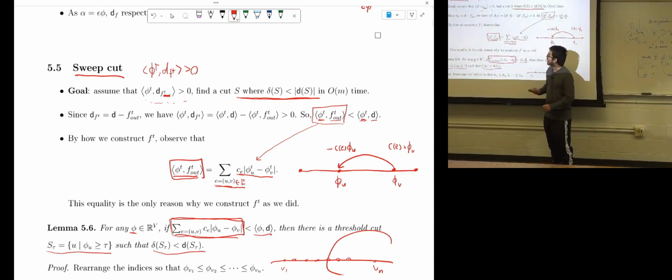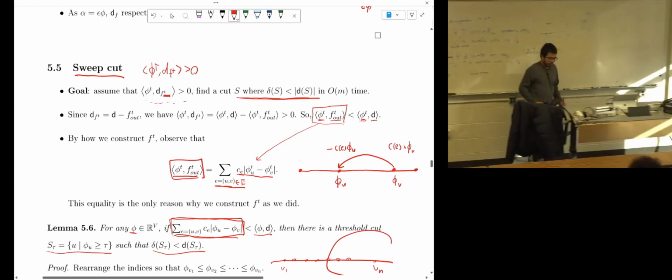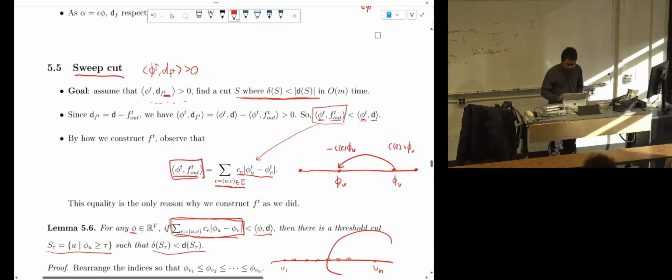That is basically the reason why we construct the flow in such a greedy way. That's why we get this. So what we get is that this thing is smaller than this one.